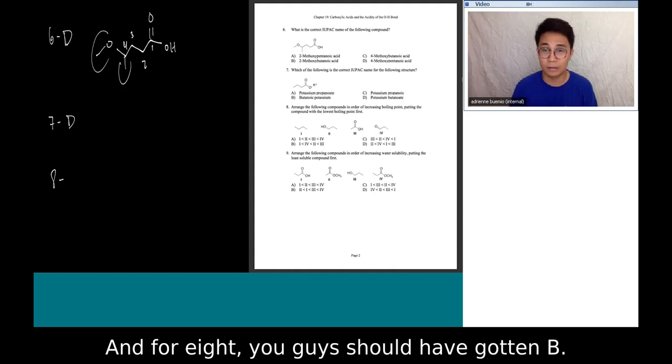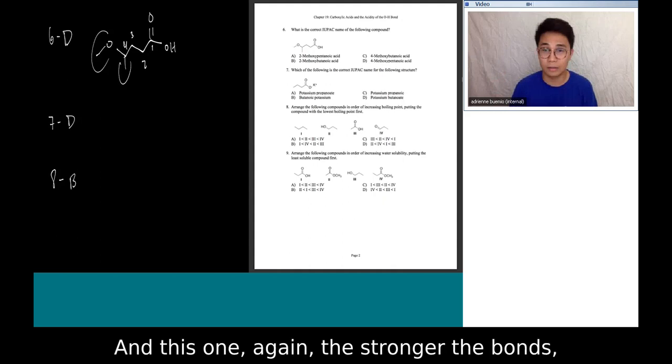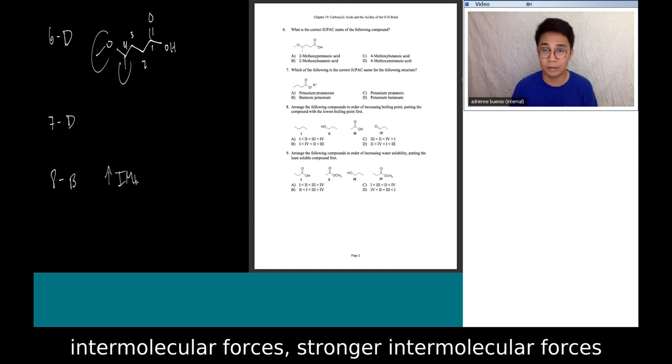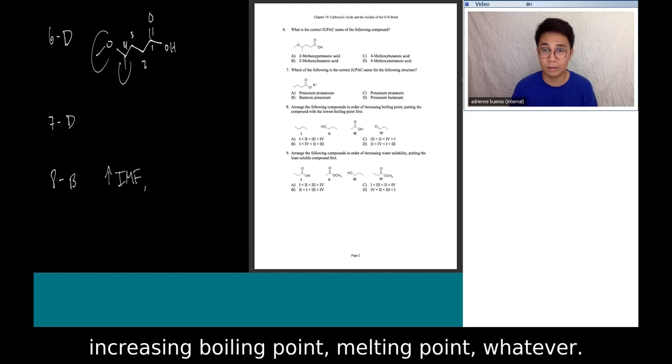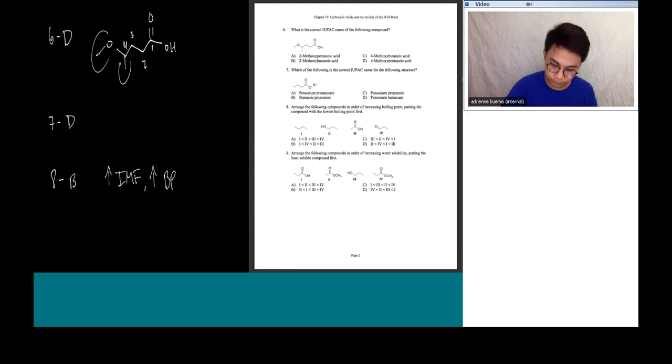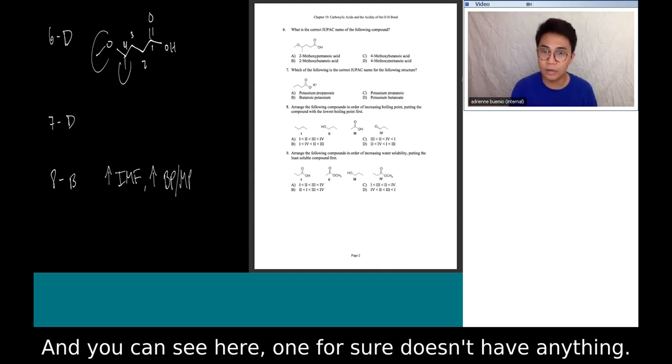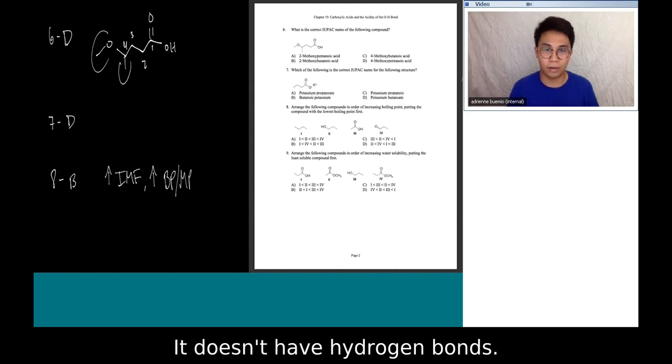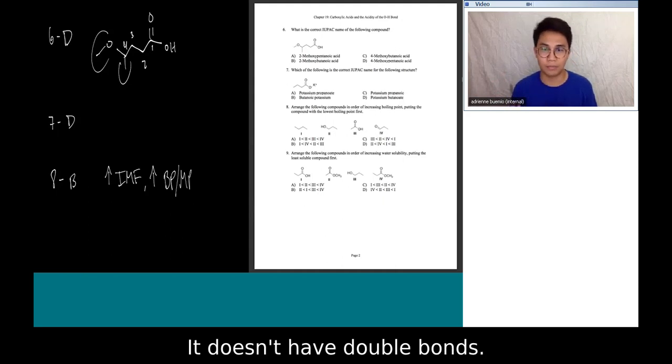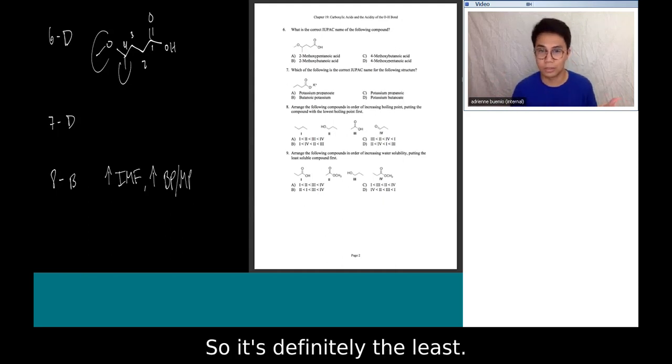And for eight, you should have gotten B. Again, the stronger the intermolecular forces, the higher the boiling point, melting point, whatever. You can see here, one for sure doesn't have hydrogen bonds or double bonds, so it's definitely the least.